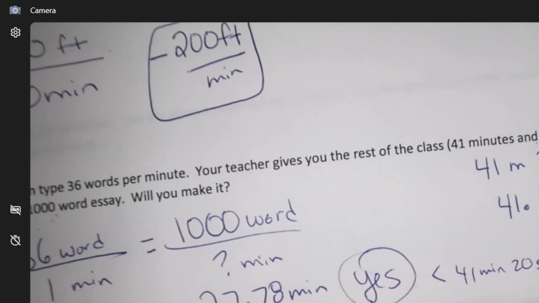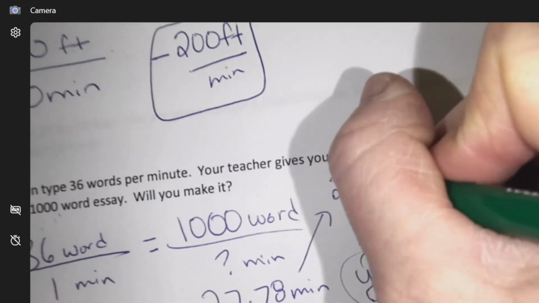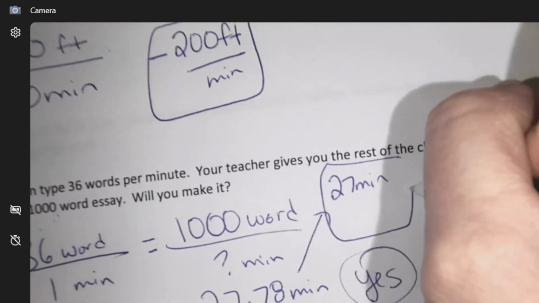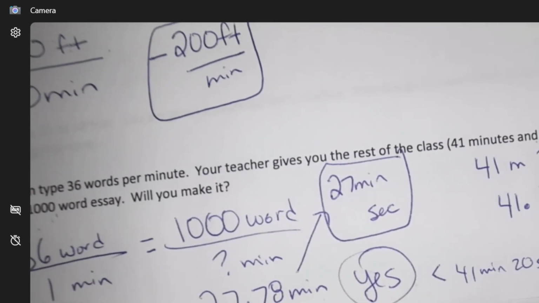Do you see that? If I ever did have to use something like that. What if I made you convert this to seconds? So this could be 27 minutes and how many seconds? What would you do?